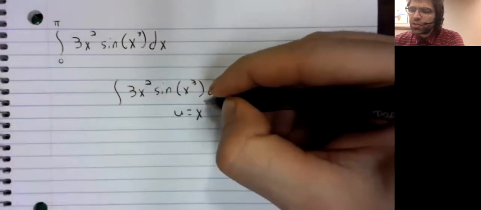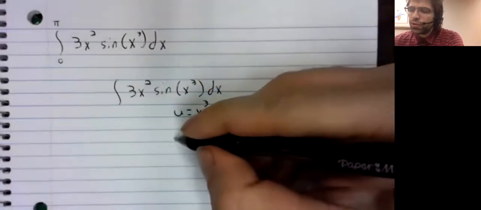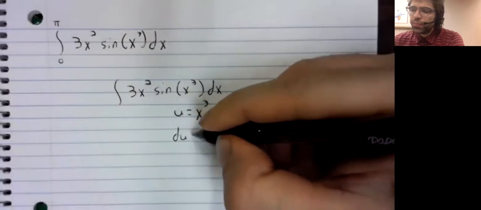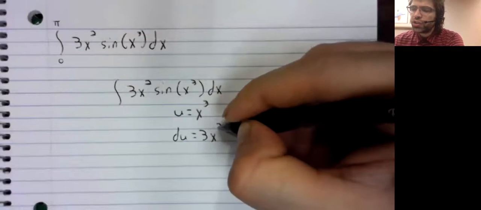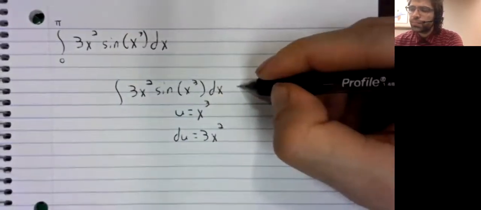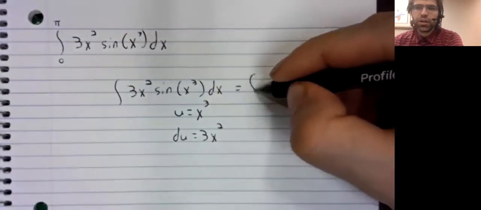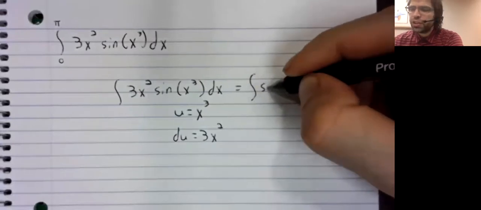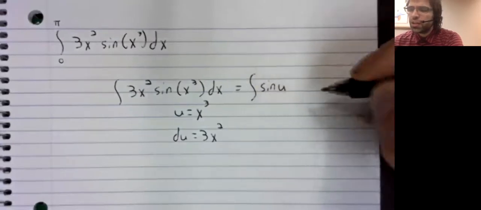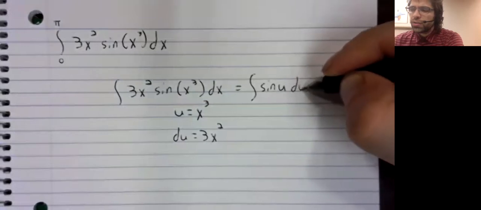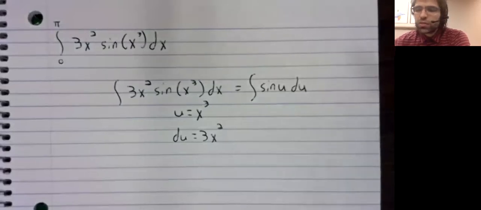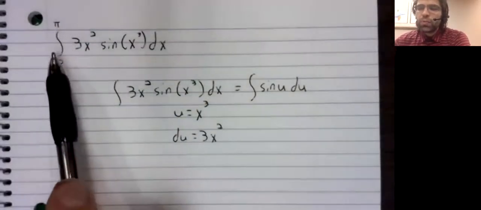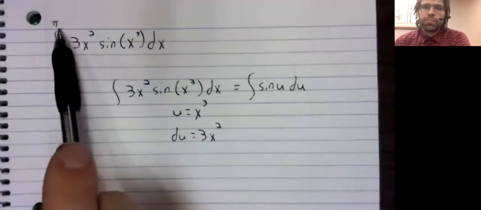Then you let U be the inside function and convert everything into U's. And now let's go back to our actual problem.